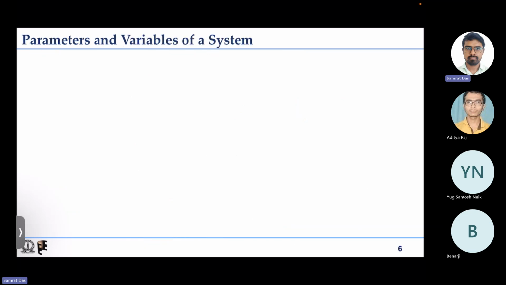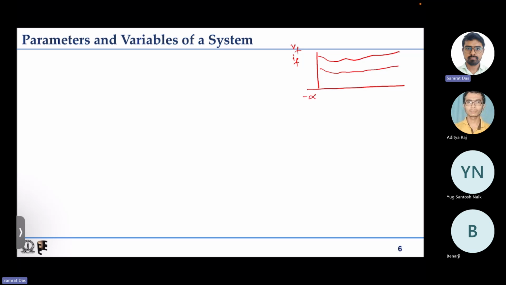So if I go to the next slide, although this slide corresponds to something else, still let me continue. Say this is the field current, and there are some inputs also. Say the field voltage is something, so we are applying some field voltage from eternity, and we are getting some field current also.